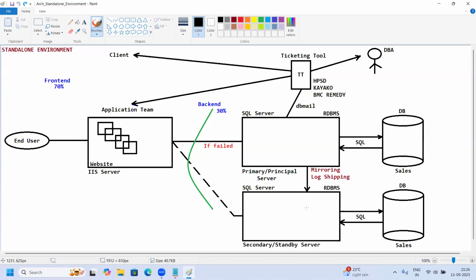How do you inform? You have to configure an automation process, and that automation process is through DB mail, which is called database mail.